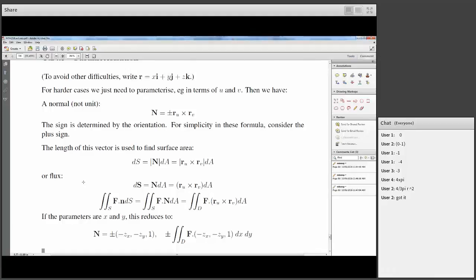You can also use it to work out flux. The flux, d bold S, really is this normal vector dA, and as I said, dA is something like du dv or dv du, one of the two.